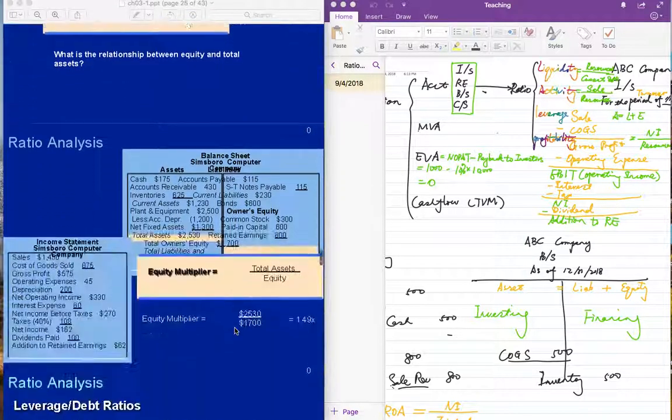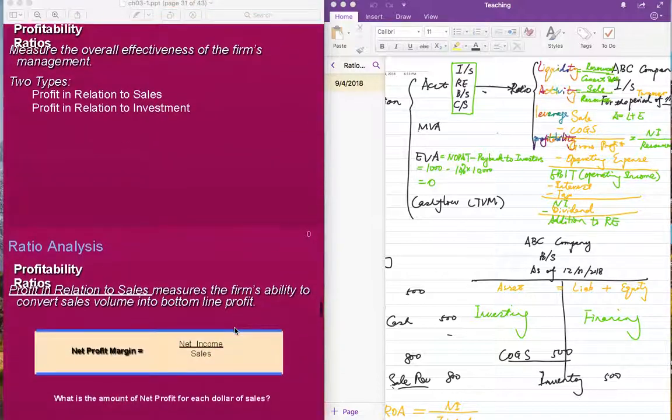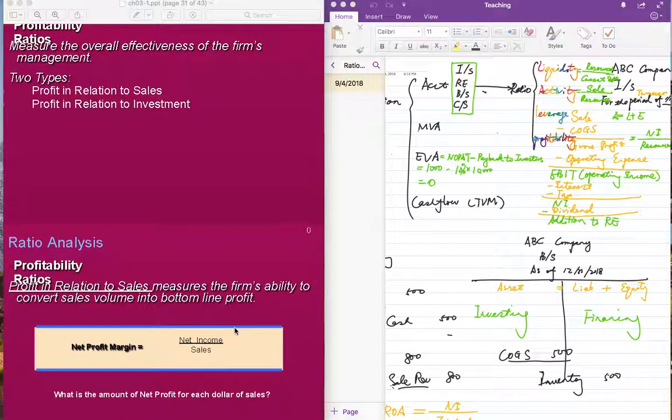Now we move into the last category, profitability. Profitability measures the firm's overall performance of generating net income. Okay, pay attention to that. So a profitability ratio always has net income in the numerator.